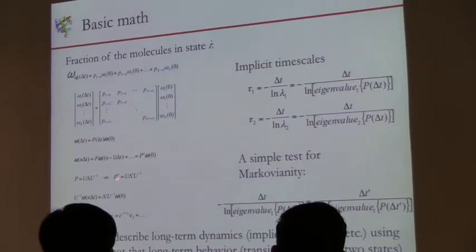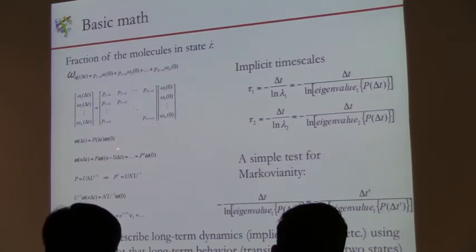It's very easy to check that if you multiply n copies of this expression, you end up with this one. So the set of eigenvectors is the same. Eigenvalues of the matrix P to the nth are just eigenvalues of the transition matrix raised to the power n.